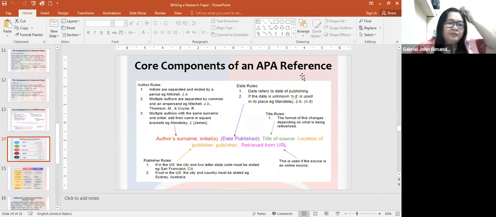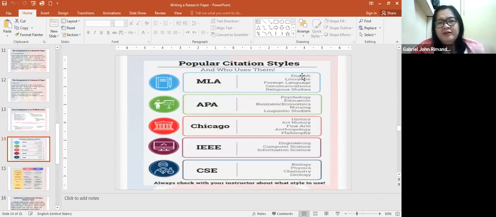Okay? Now we have other formats, like these are the top 5. So what are these formats and who are using them? We start with MLA. MLA means Modern Language Association.